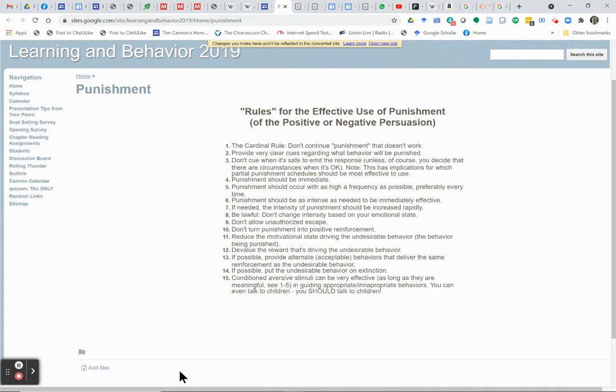Punishment should occur with as high a frequency as possible, preferably every time, which is continuous punishment or fixed ratio 1 punishment, just like trees do. Punishment should be as intense as needed to be immediately effective. The tree does not go, "Ooh, maybe you didn't mean that. Here's a little owie.